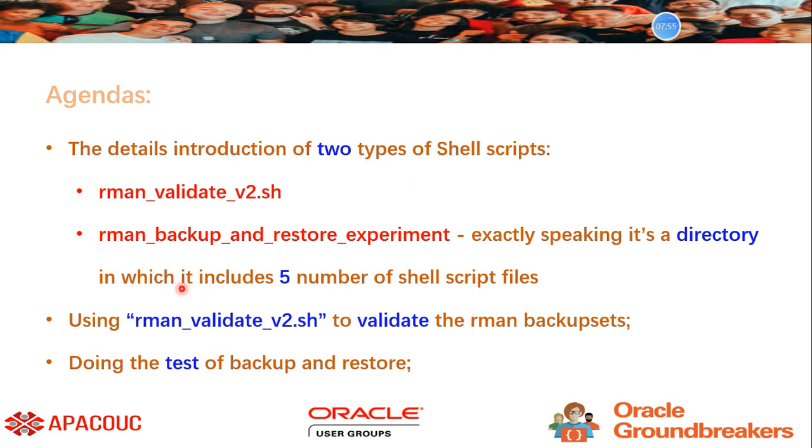By the way, the first section also includes 2 parts: RMAN validate version 2.sh, and the RMAN backup and restore experiment. Exactly speaking, it's a directory which includes 5 shell script files.